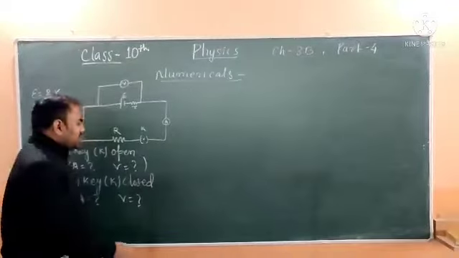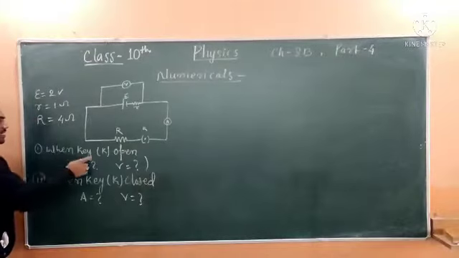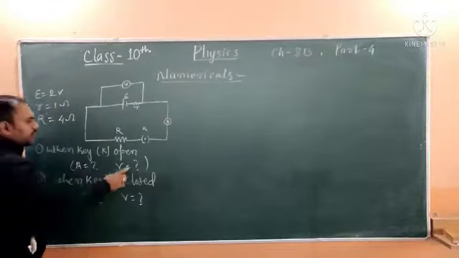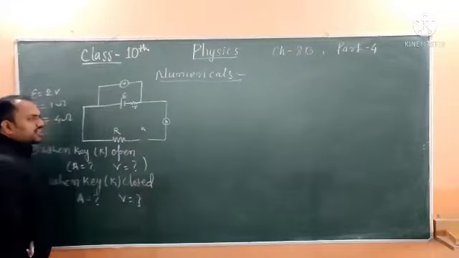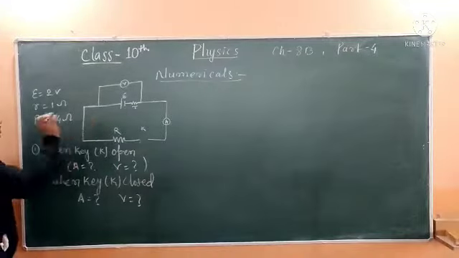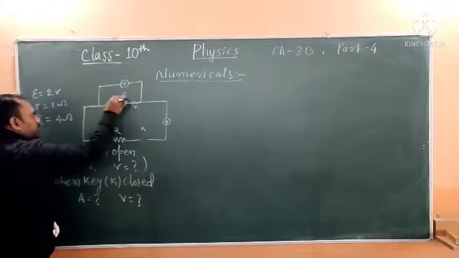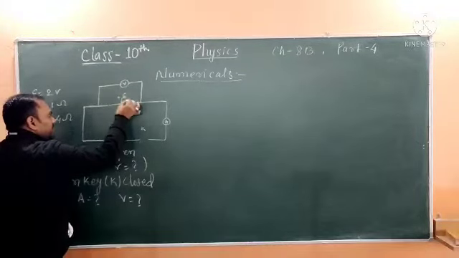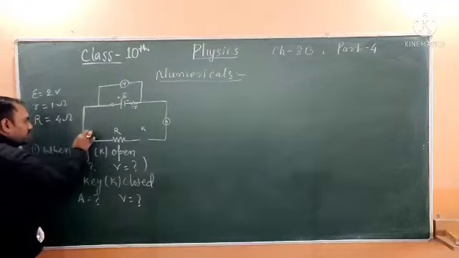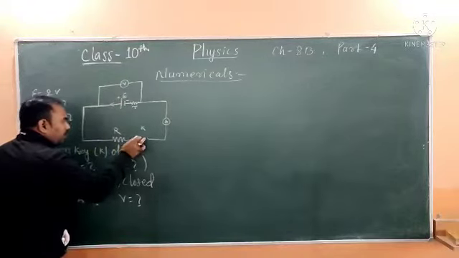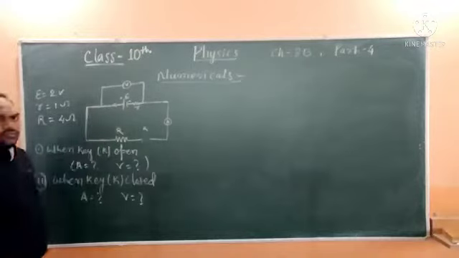First, we will understand when the key is open. When the key is open, this circuit is open. There is no current flowing through the circuit. This is the positive terminal, this is the negative terminal. Current will flow from the positive terminal in the circuit, and if it is open, there will be no current flow.